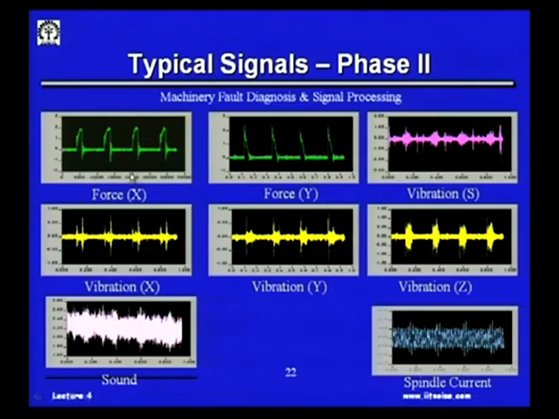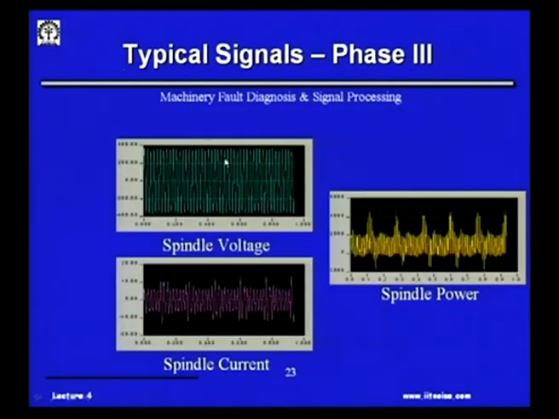These are the typical values of the forces measured in the laboratory, force in the x component and y component, because this was a milling operation. Every cut there is a force increase and decrease, vibration of the spindle in x, y, z direction, and then the sound level and the spindle current. Once we also measure the spindle voltage and current, we could multiply them to get the spindle power, and these are all functions of time.